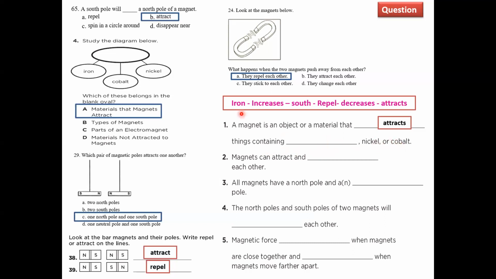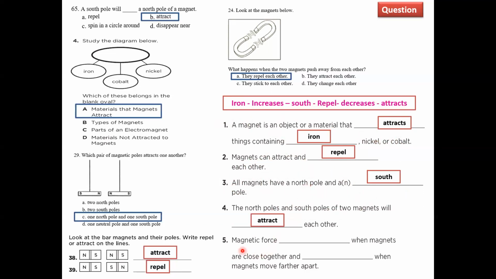Nickel, cobalt, and iron. Magnets can attract and repel each other. Excellent. All magnets have a north pole and a south pole. The north pole and south pole of two magnets attract.